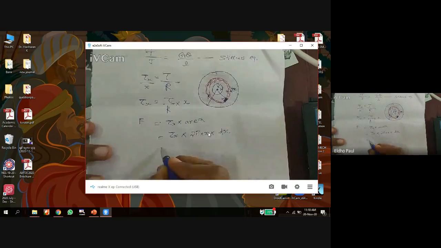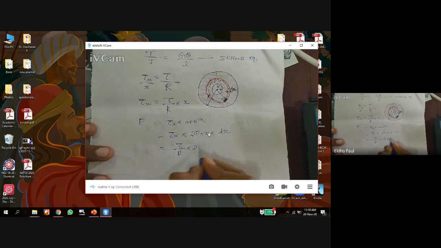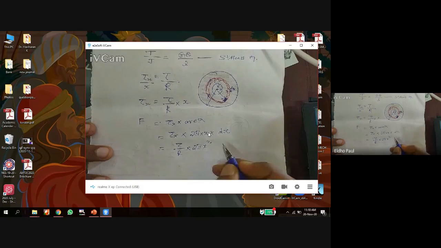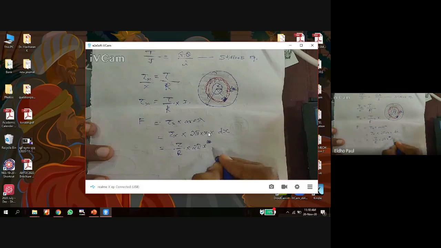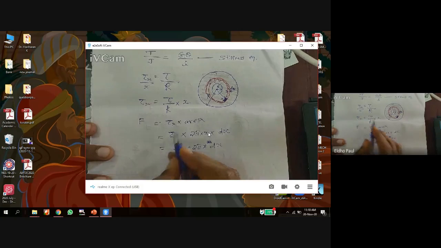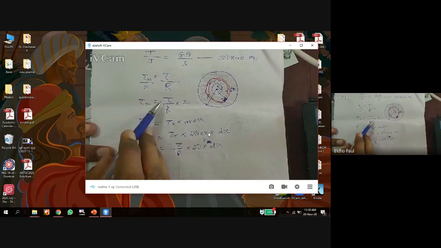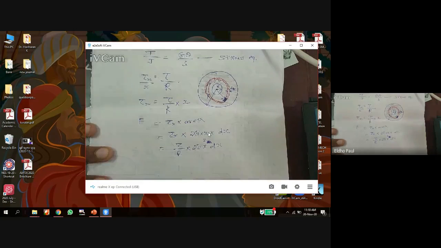So we get tau by R into 2 pi x square dx, because we replace tau x with tau by R into x. We got the turning force.